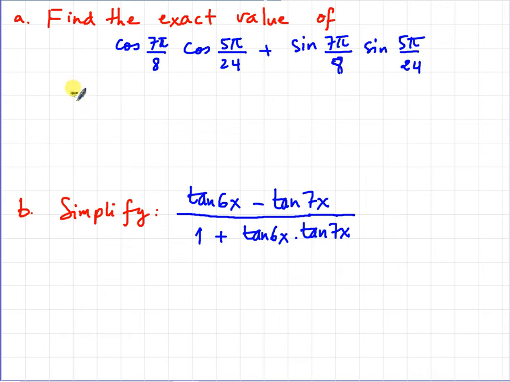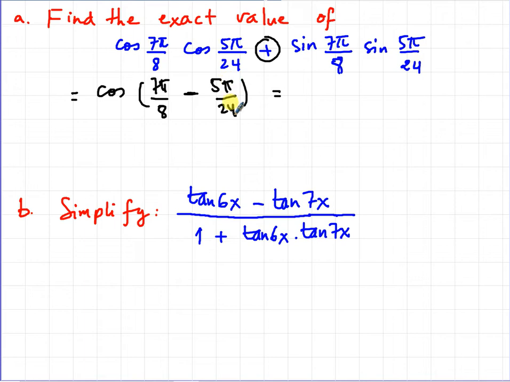So this is the identity of cosine a minus b or a plus b. Because I have plus here, it's cosine a minus b, and this is a, 7 pi by 8, and this is b, 5 pi by 24. So all we have to do now is to evaluate what I have inside the parentheses.